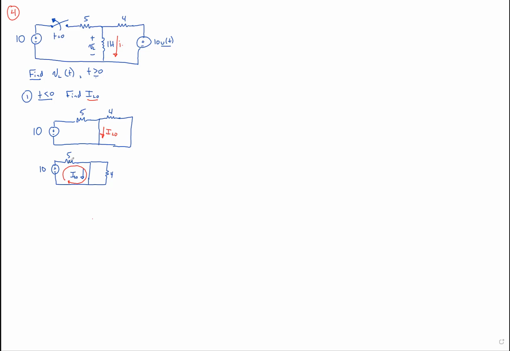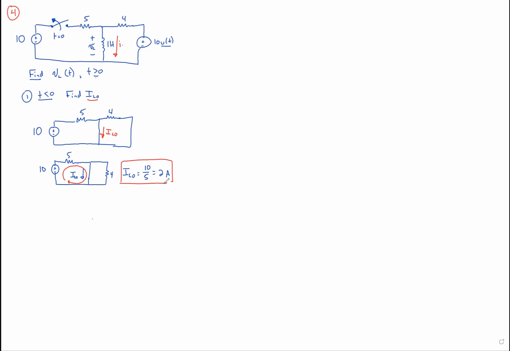We could do a Norton equivalent of this, a source transform, and we'd see there's some current going through here. All of it would go through the short. And so this 10 volts is just seeing this 5 ohm resistance, and that's it. And so therefore IL naught is going to be our 10 volts over our 5 ohms, or 2 amps. And that's our initial condition.